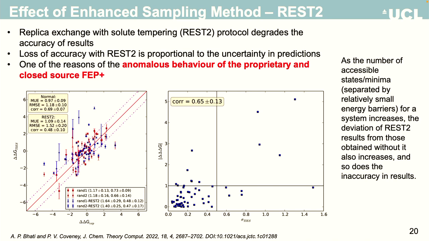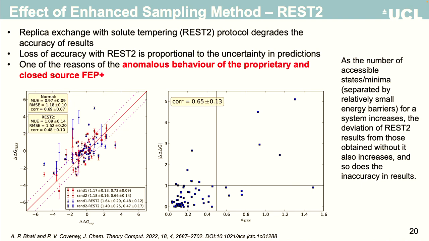But what we have noted here, and this is published in the paper back in 2022, is that REST-2 isn't particularly reliable. It tends to take systems out of lower minima and populate higher minima as well. And that's a reason why some of the errors are proportional, in fact, to the uncertainty in the predictions. And you get problems running that code.